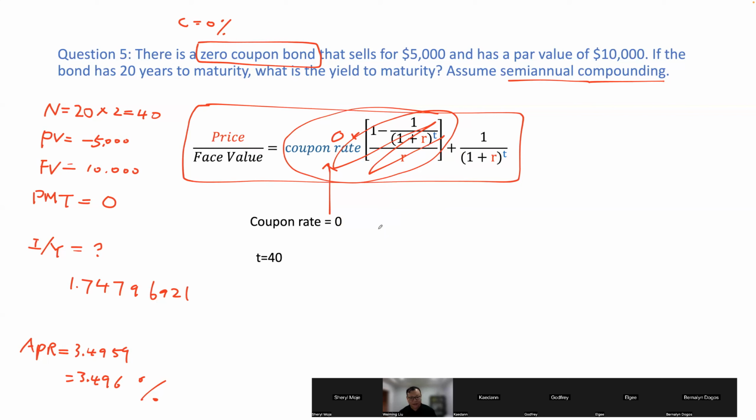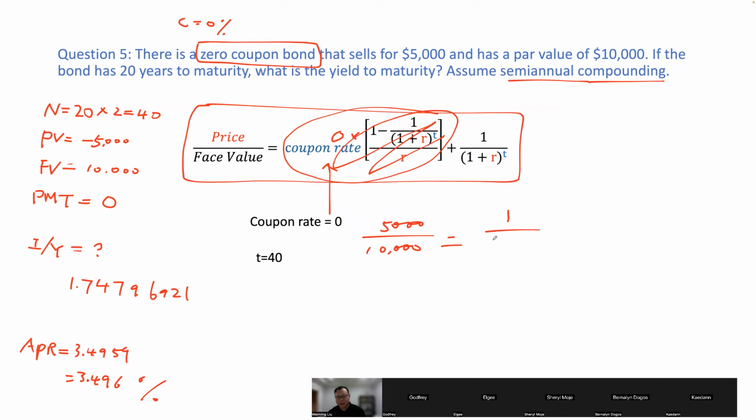It's just the discount factor, right? The price is 5,000 and face value 10,000, so 5,000 over 10,000 equals 1 divided by 1 plus R to the power of 40. And this equals 1/2, right? So you are just solving this, okay?